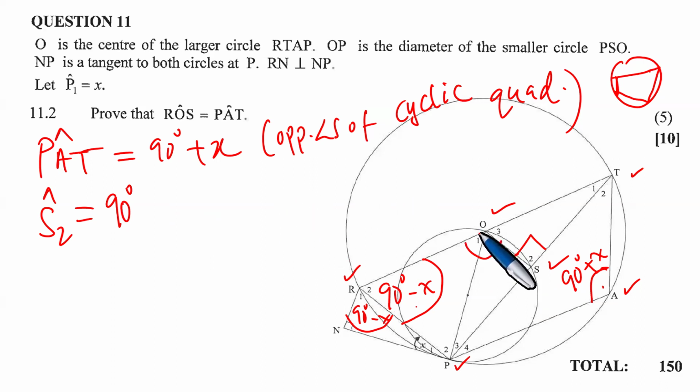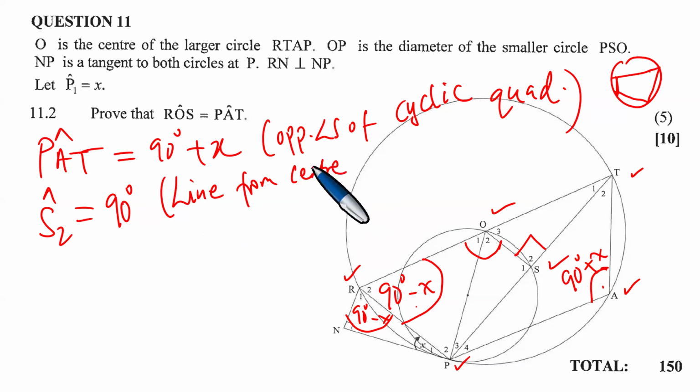Because there's a line from center here that is perpendicular to this chord. So the reason for that is: line from center perpendicular to chord.